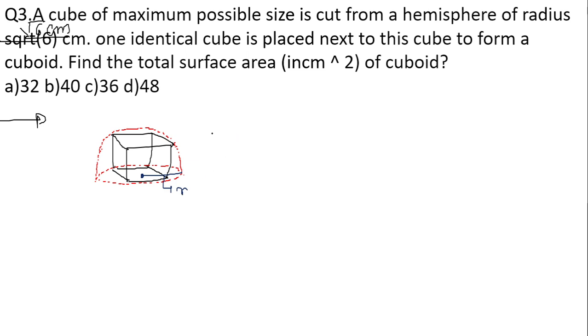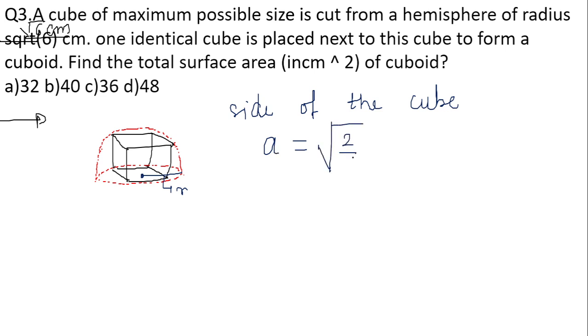So in this condition, the side of the cube is given by a is equal to under root of 2 divided by 3r. This is a formula.